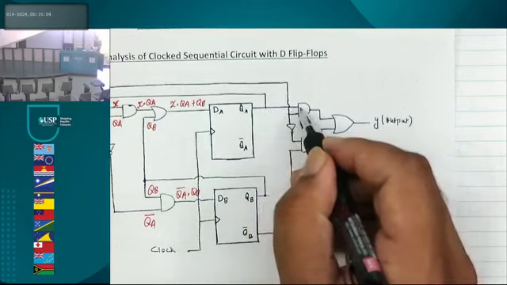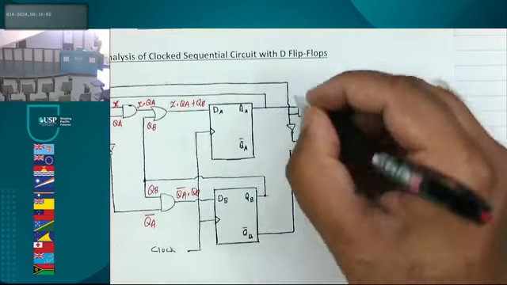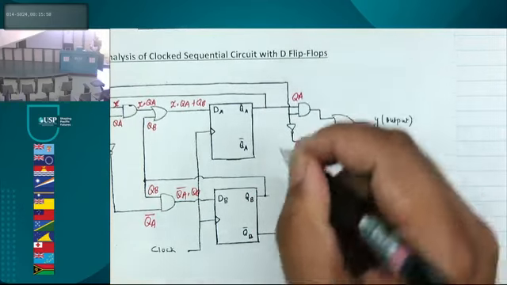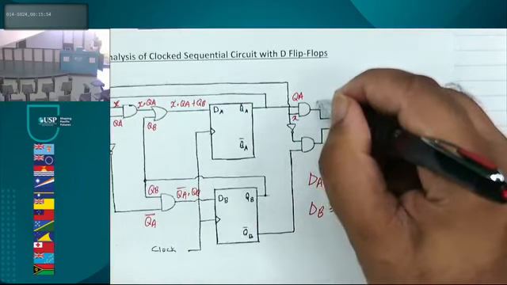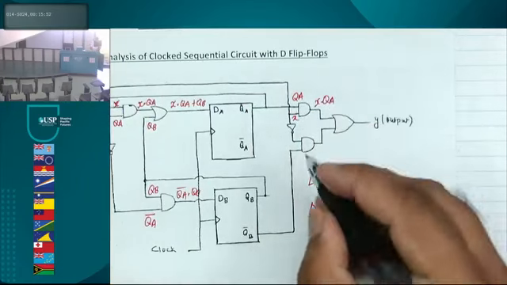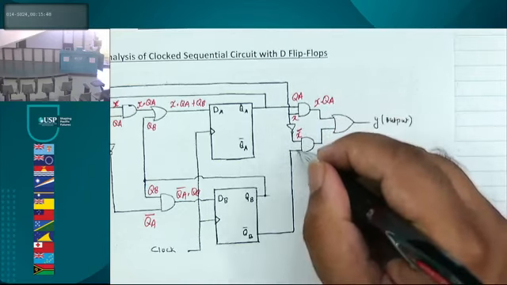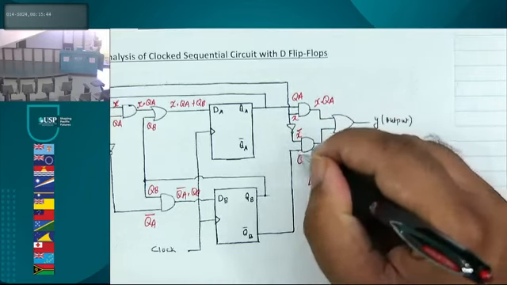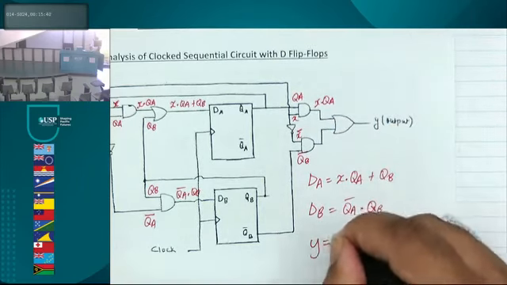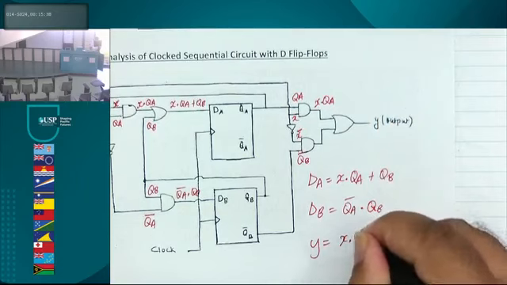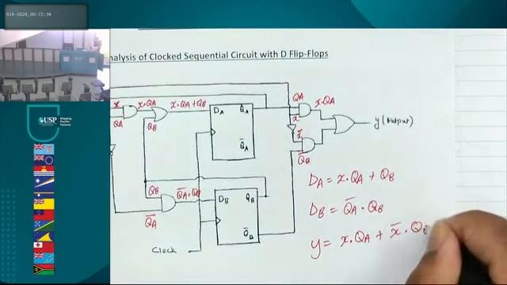So there will be QA and, what will that be, guys? So if that here is QA, what is this guy here? X. So this becomes X and QA. What about this guy here? That will become X bar. What about this guy here? QB bar. So your Y will equal X and QA or X bar and QB bar.